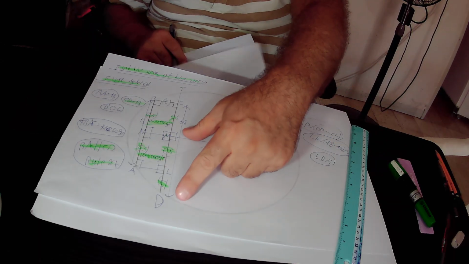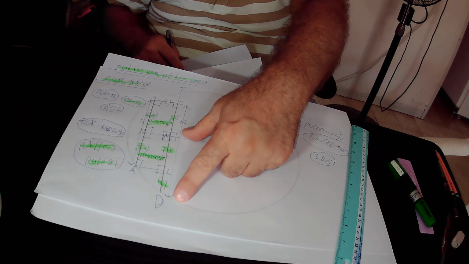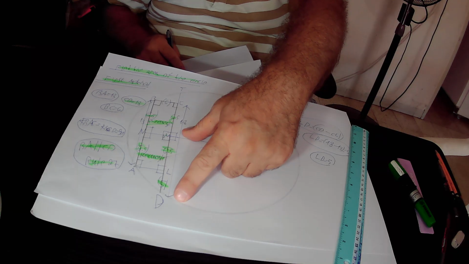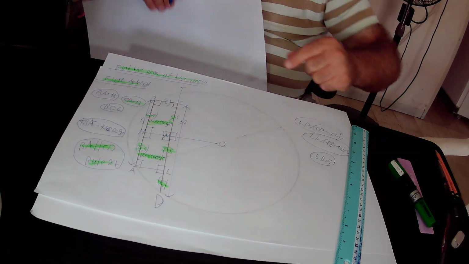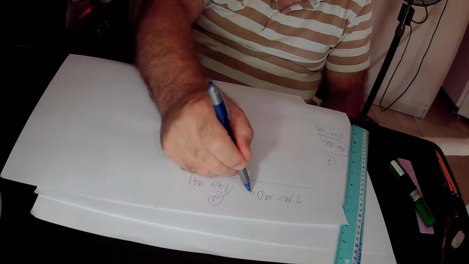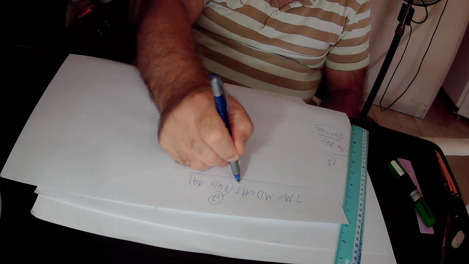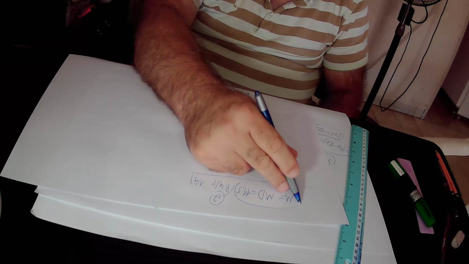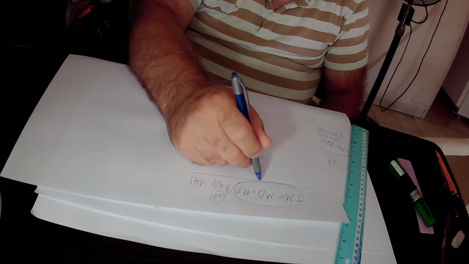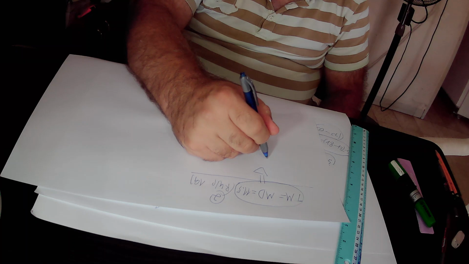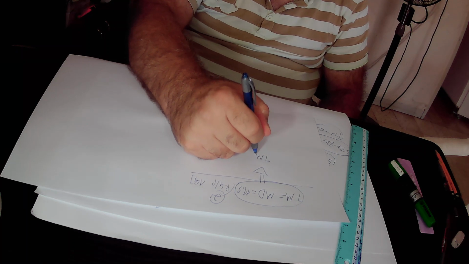But MD in total equals 6.5 plus 5, that is 11.5. So we can write here that MD equals 11.5. And from this equation, TM equals MD equals 11.5. We know that TM also equals 11.5 units in its length.